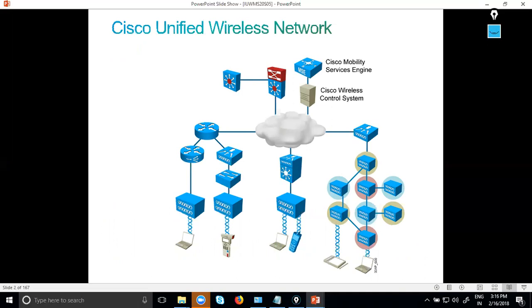This is one unified architecture diagram with an access, core and distribution design, where you have a controller here, APs here, clients here, and clouds in between. It means they are physically in different places and would like to connect to each other. This unified diagram gives you all the device placements and device information in one diagram.